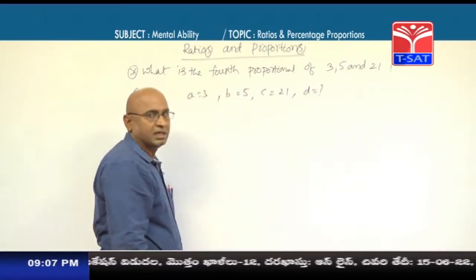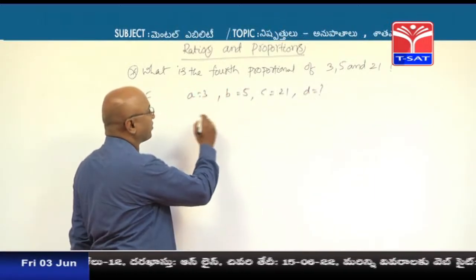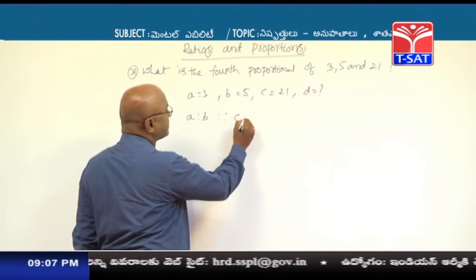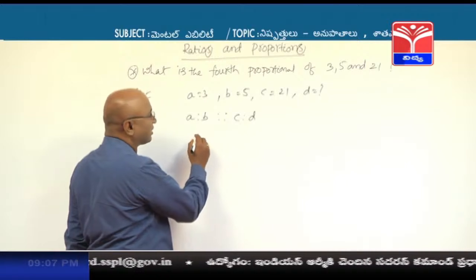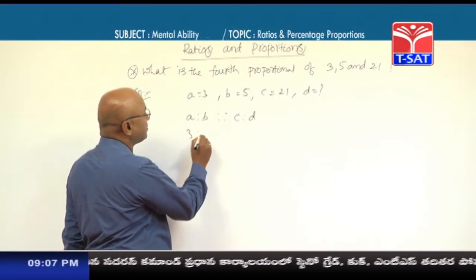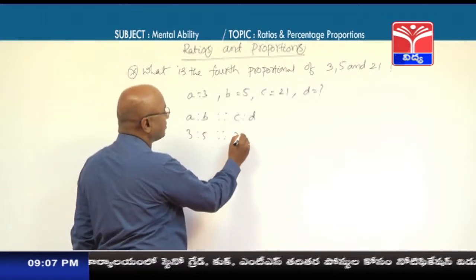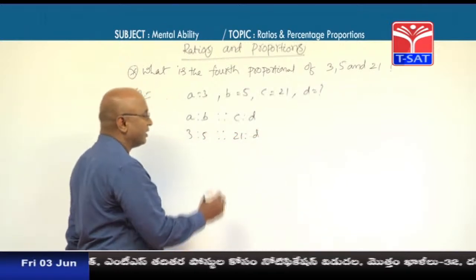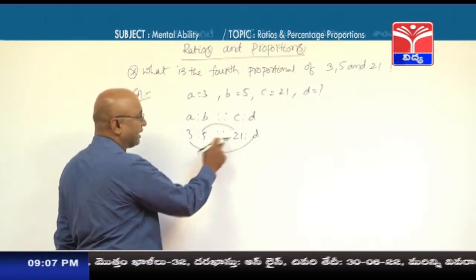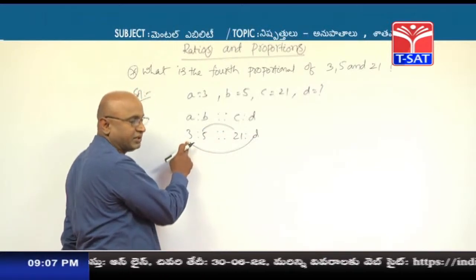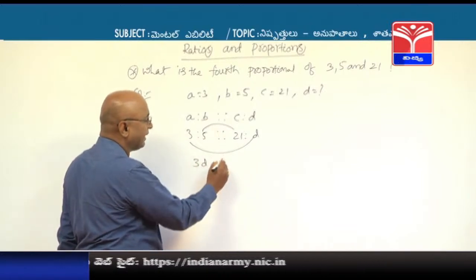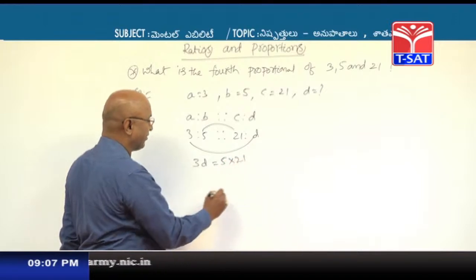D. If four quantities are in proportion, then we know that A is to B as C is to D. Then product of means is equal to product of extremes. Here 3:5 as 21:D. Now the product of means is equal to 5 into 21 and the product of extremes is equal to 3 into D.